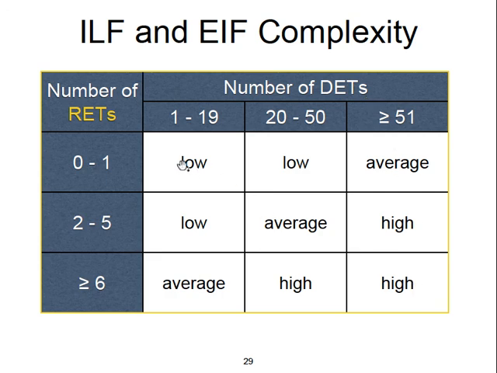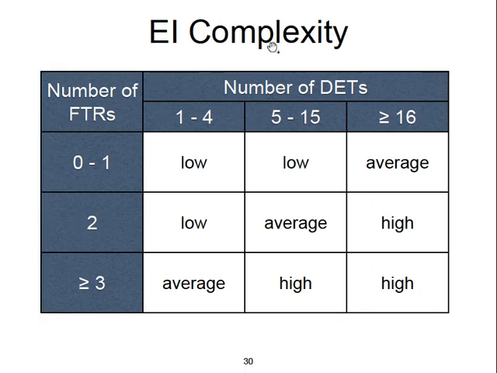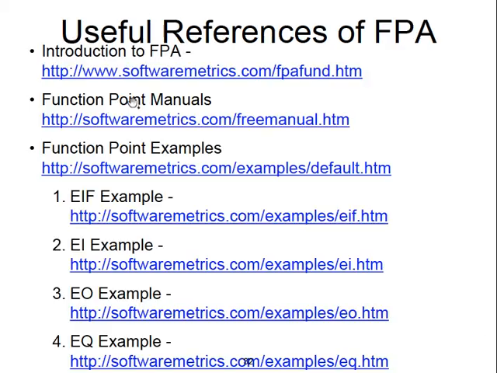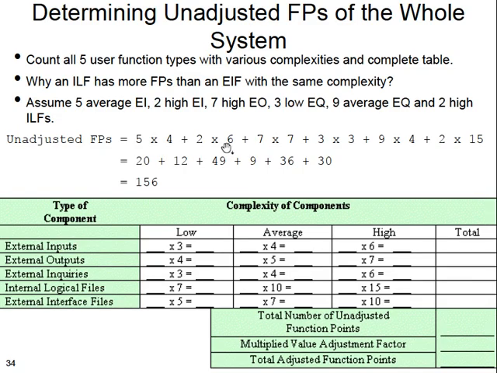So if there is a small number of fields and also a small number of groupings, we call this function low complexity. So what are these things for? Each kind of user function has a table like this, and in the end, we will calculate.